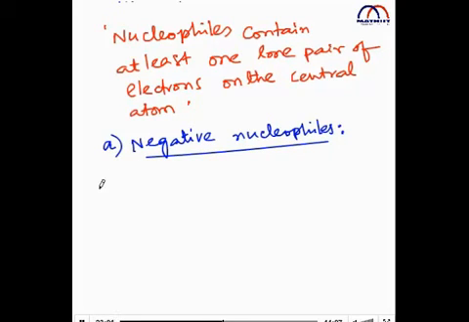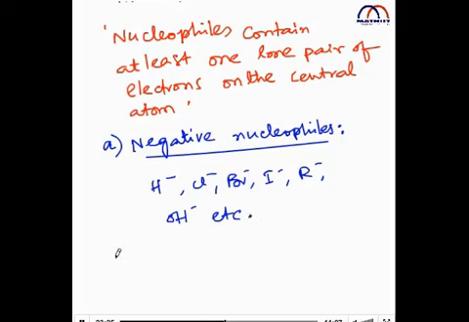Any species which is carrying the negative charge can act as a nucleophile, because that negative charge on that species is due to the presence of minimum one lone pair of electrons there. Very simple. H-, this is called hydride ion there. Cl-, then Br-, I-, then R-, OH-, like this, so many etc. All these species are examples for negative nucleophiles.